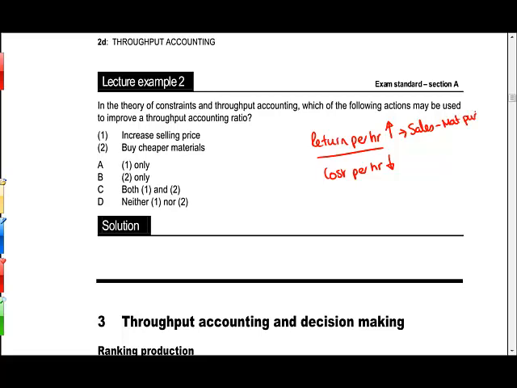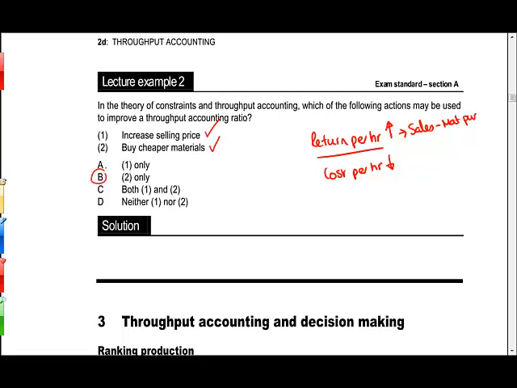So here then we're looking at increasing the selling price. Well, if you increase the selling price, that will increase the return per hour, which in turn will increase the throughput ratio. In the same way that buying cheaper materials will also improve the return per hour and therefore the throughput ratio.